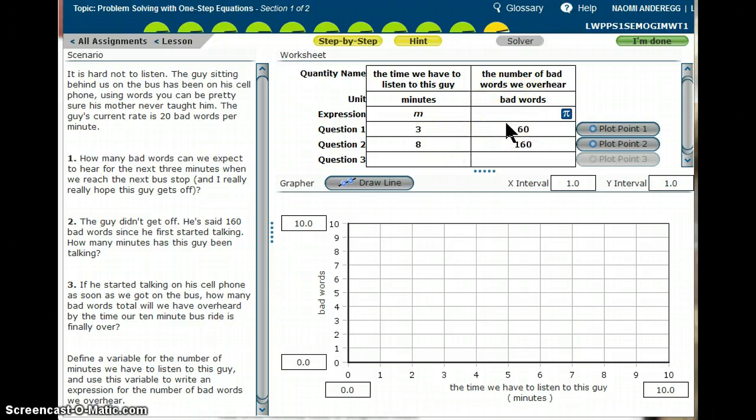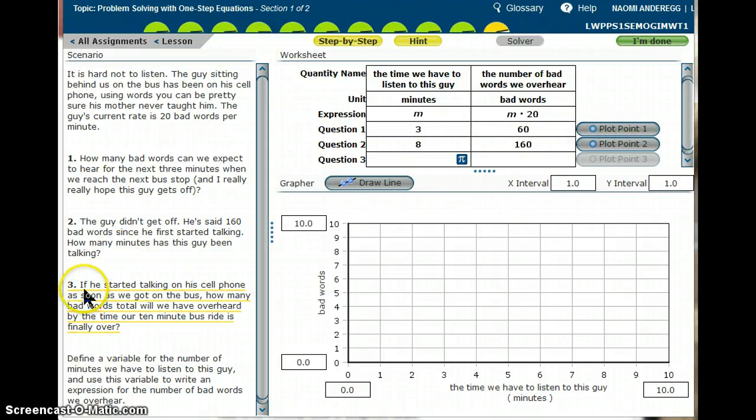So I know it's going to be 20 times m, or I could do, let's see, will it let me do m times 20? I'm not sure. I'll just check. Yes, I could write it m times 20. I could write 20m. Either way, the system's happy with that.